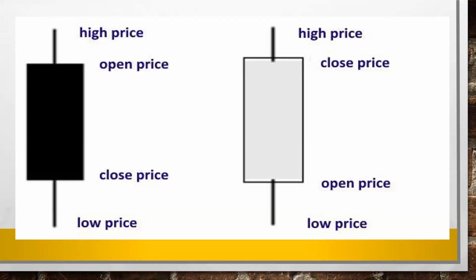They are what we call candlestick reversal patterns, which means if the market is about to reverse, there are certain candlesticks seen forming which tell you that the market is about to reverse.